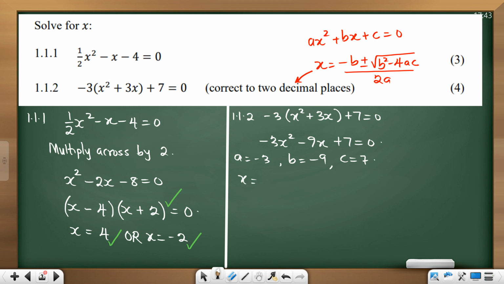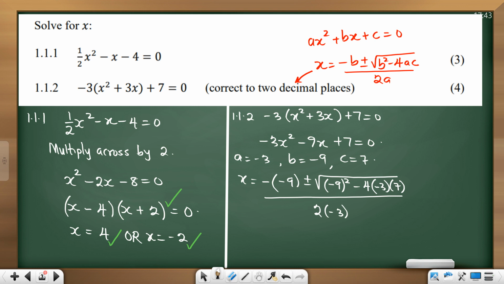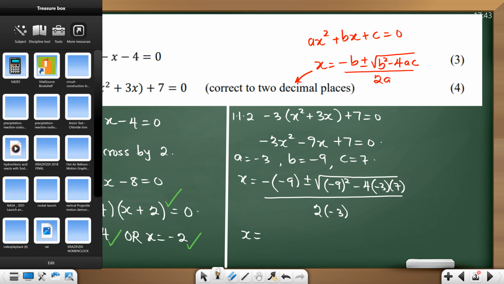I'm going to write that formula. Negative b, which is minus 9, plus or minus the square root of, please, my dear learners, put this in brackets, b squared minus 4, put that in brackets, a, negative 3, c is 7, over 2 multiplied by negative 3. I'm going to show you the mark allocations. Now you get your calculator and type that in.